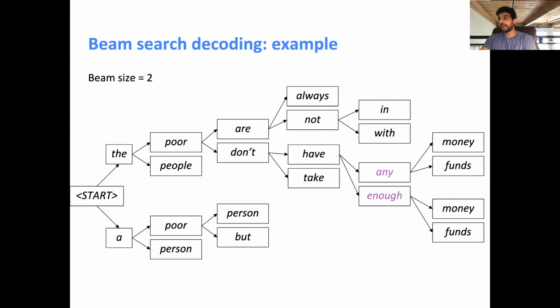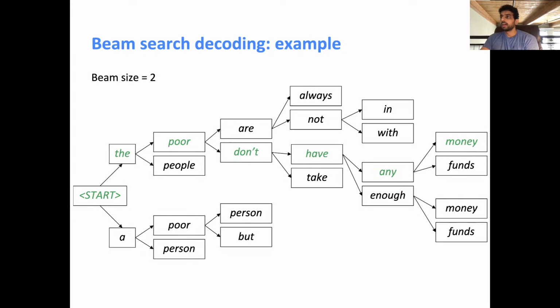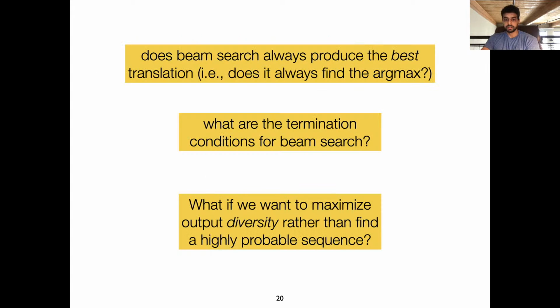So we would expect on average longer sentences to have lower probabilities than shorter ones. So there have been some methods proposed to normalize for length and stuff in beam search, but in general that is something to keep in mind. Okay, and the next question has been answered, because it is cumulative.